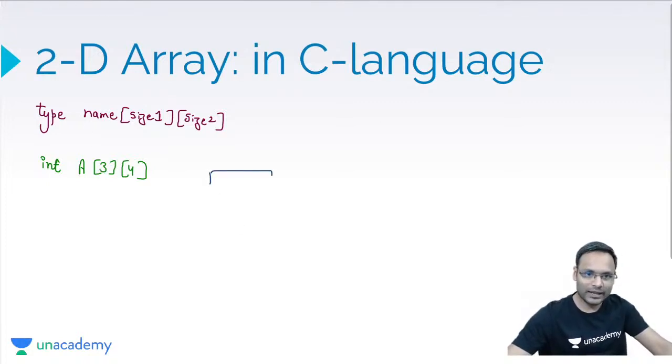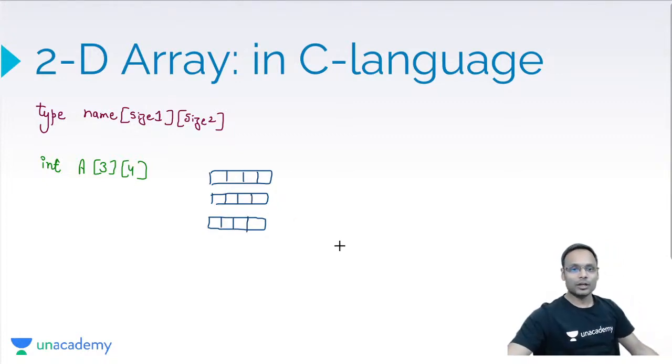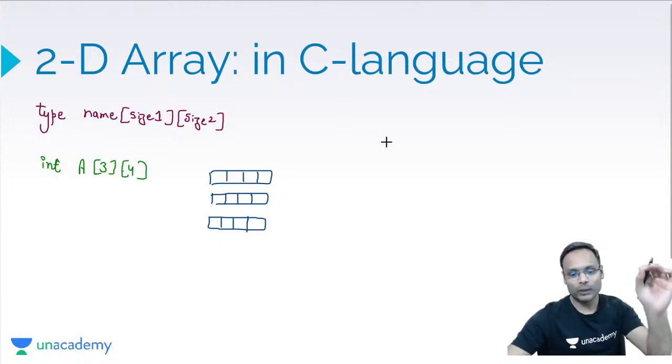This kind of array we will be having 1 2 3 rows. Each will have how many? 1 2 3 4, 1 2 3 4, 1 2 3 4, like this. 12 elements total. How? 3 rows 4 columns, 3 into 4 is 12 elements.